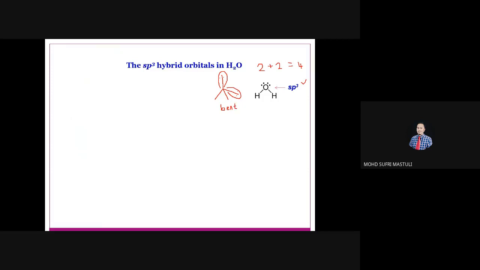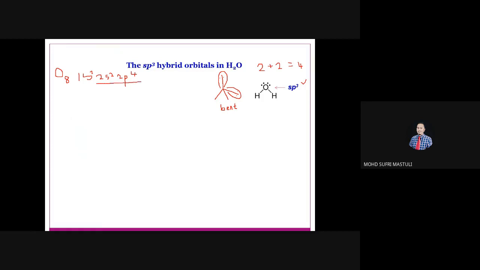Okay, it becomes bent. So what is the total number of electrons of oxygen? It is 8. So we write the electronic configuration: 1s2, 2s2, and then 2p4. 4, 6, 8.